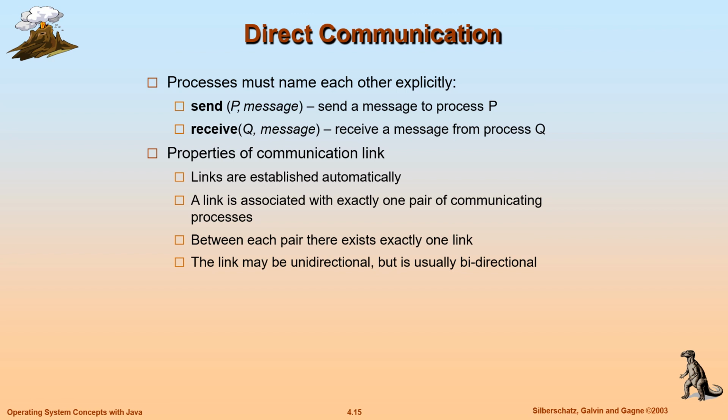Properties of the communication link: links are established automatically. When these two processes are interested in communicating, the link is established automatically. The link is associated with exactly one pair of communicating processes. Between each pair, there exists exactly one link.